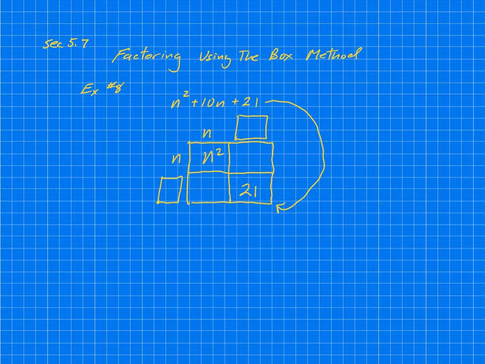So the question is, what two numbers can both multiply to 21 and add to positive 10?